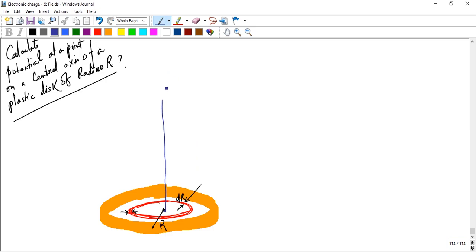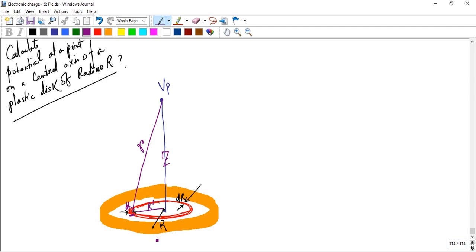So calculate the potential at point P, call it Vp. Choose a ring of thickness dr, with radius r dash, and the distance along the axis is z.